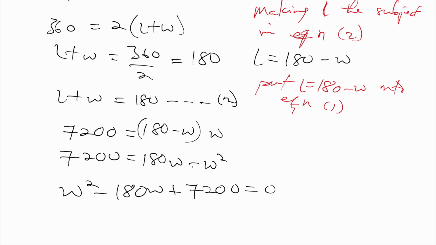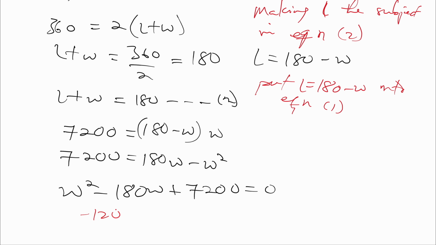Before we get the value of W, we have to factorize the quadratic equation. First, we find factors of 7200 that multiply to give 7200 and add to give minus 180. Let's take minus 120 and minus 60.